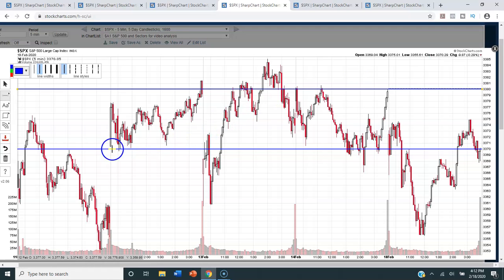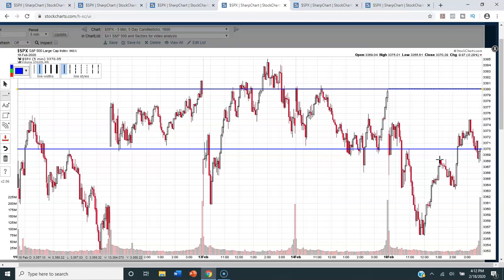But you can see here just how important, we kiss the 3370 level, and traded right around that pretty heavily on Friday, and then you can see where it acted as overhead resistance, and then again got right back up, acted as somewhat of an area of support right in here, and then just barely made it back and closed above that.